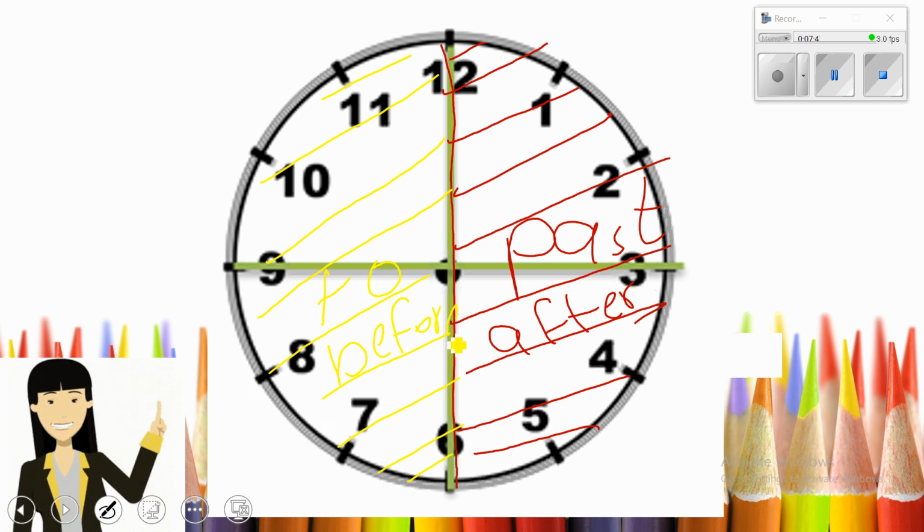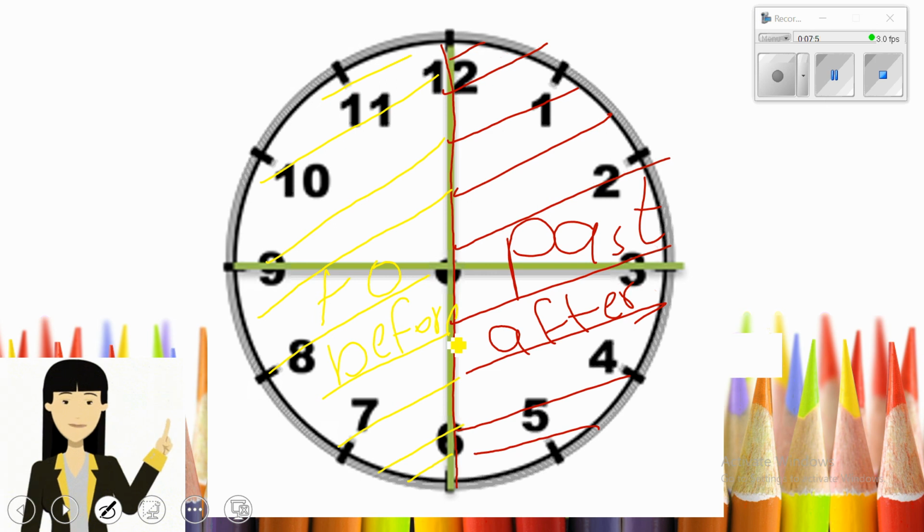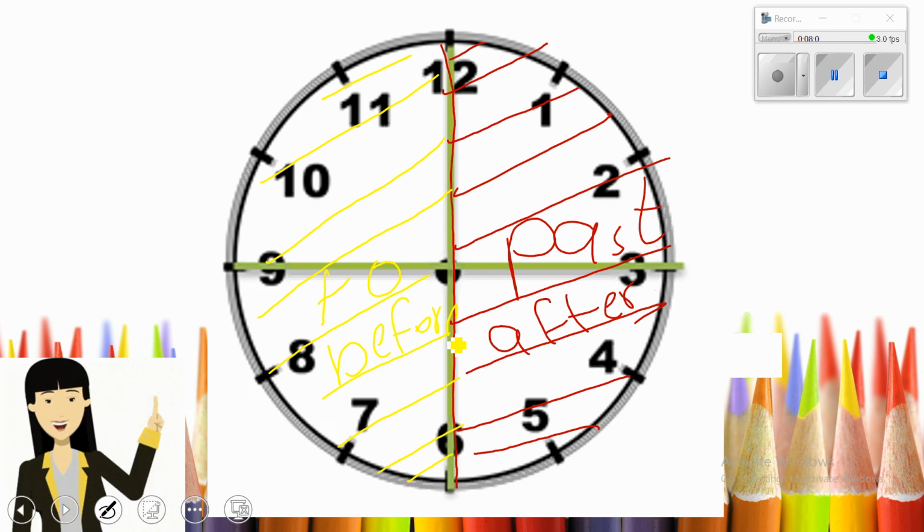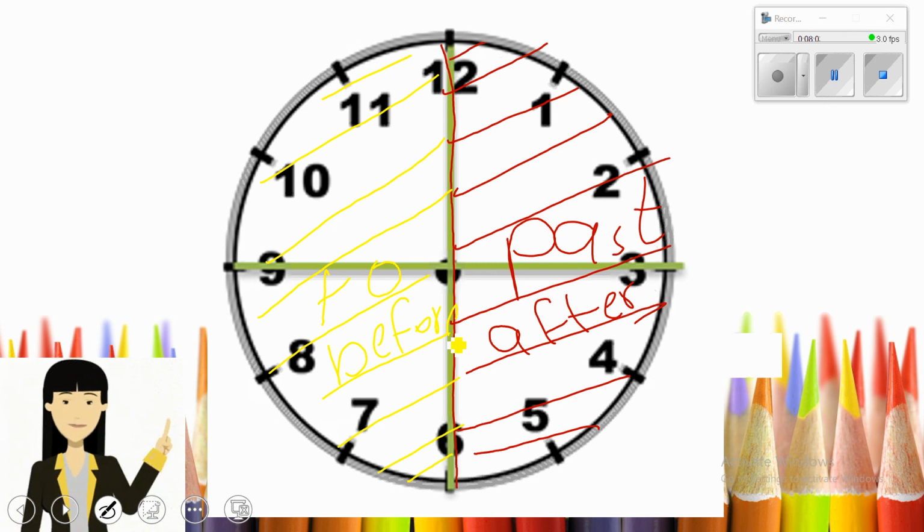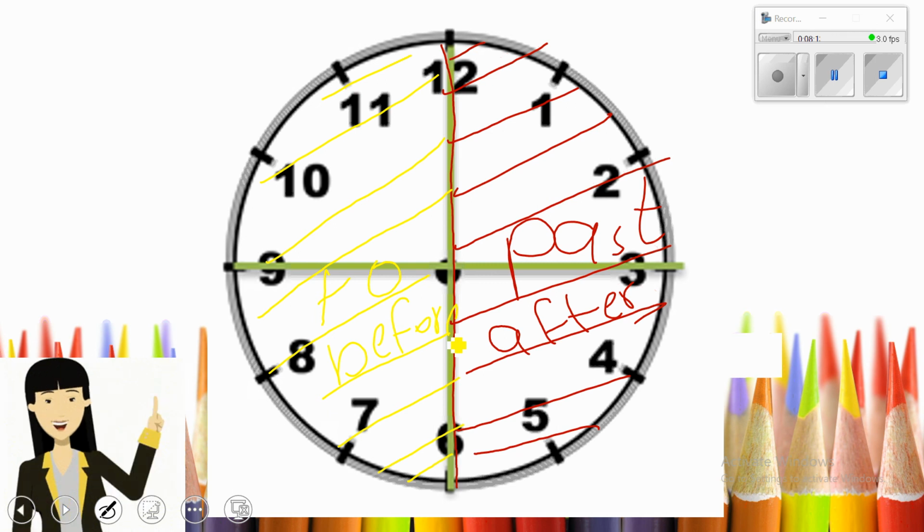So past means after, to means before. Past means after, to means before.